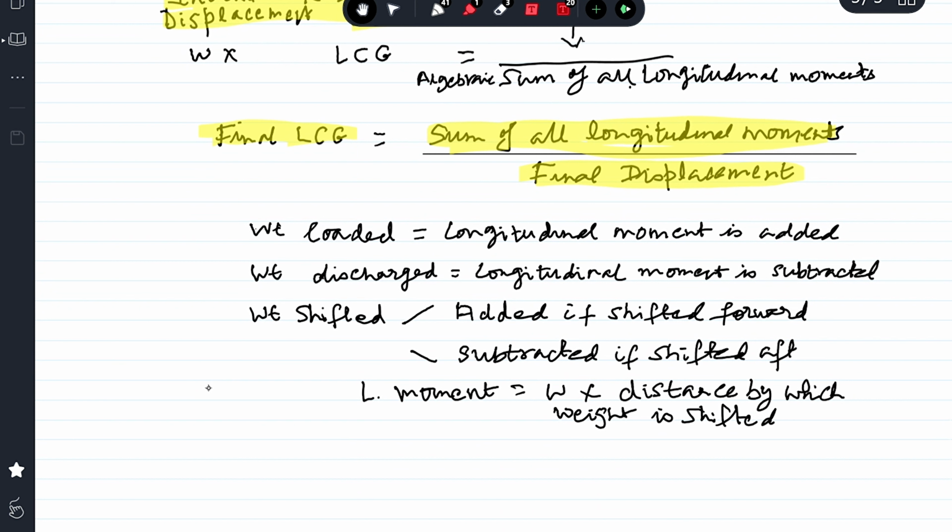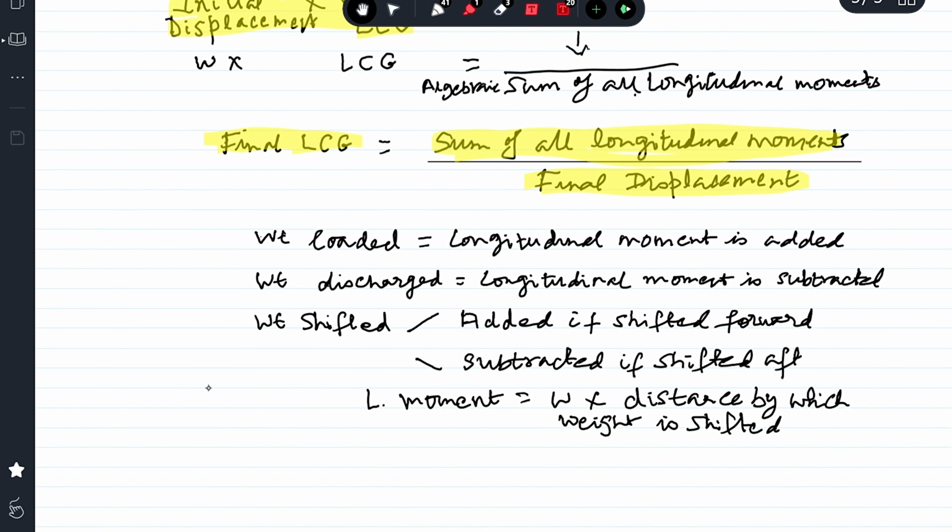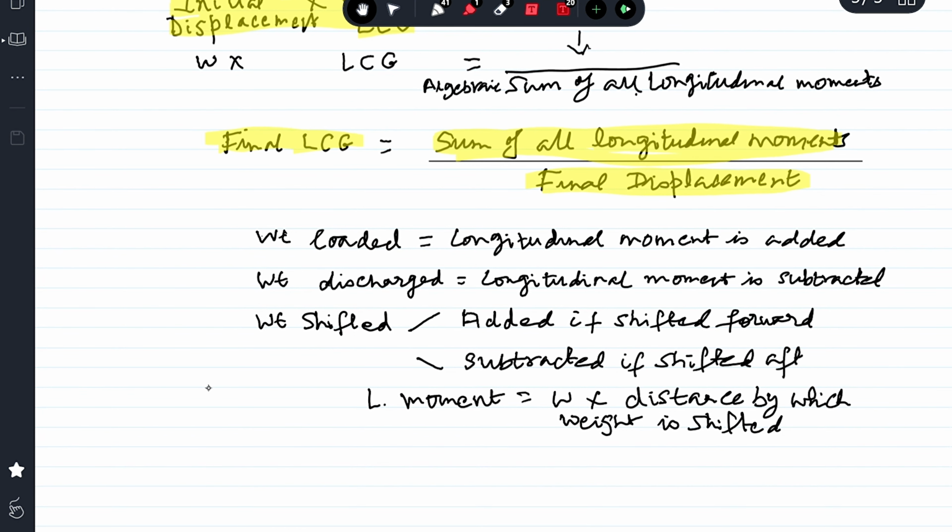If the weight is shifted forward, you add the longitudinal moment, which will be weight shifted multiplied by the distance by which the weight is shifted. So this will be the longitudinal moment for the weight shifted. It should be added if the weight was shifted forward, and subtracted if the weight is shifted aft.